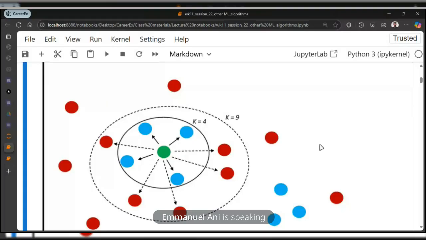Can someone remind us of the key idea or core concept that makes logistic regression what it is?